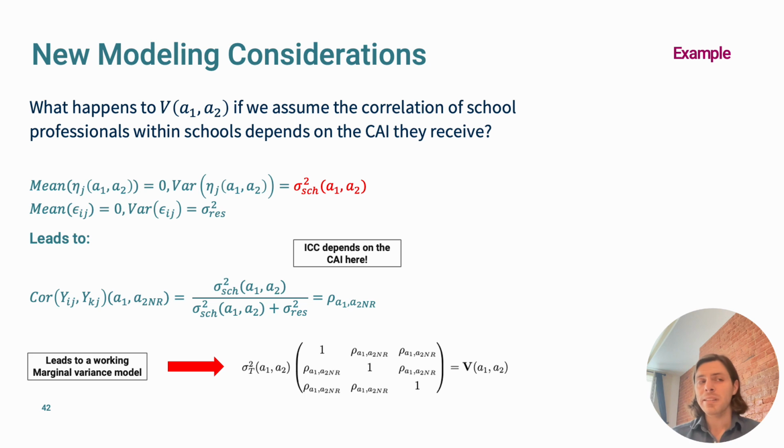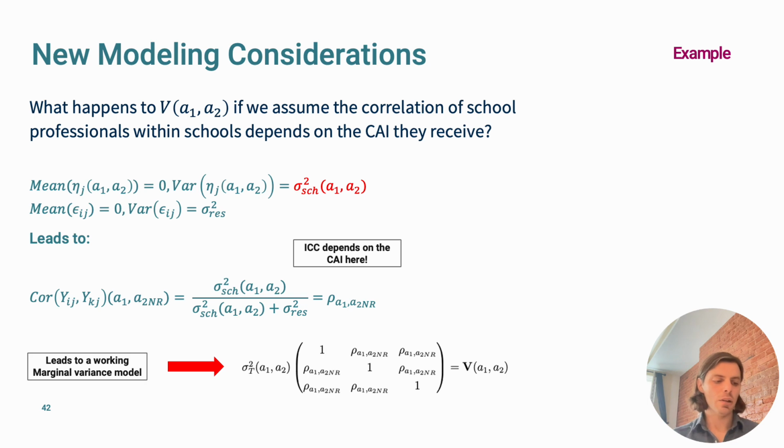But alternatively, you could say, I actually think the correlation is going to be more involved. And what do I mean by that? Well, you could say the correlation of school professionals within a school is going to depend on which clustered AI that school received. So why might you think this is the case?